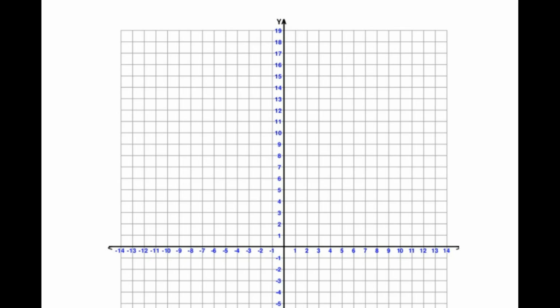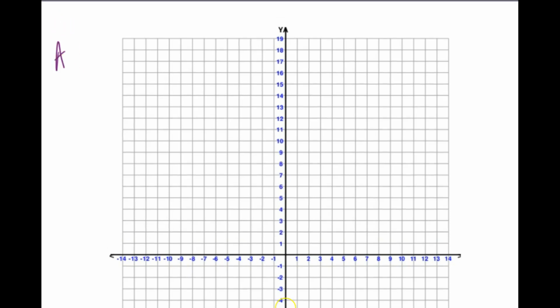All right, so here we're asked to classify triangle ABC. We're given 6, 6 for coordinate A. B is 9, 3.